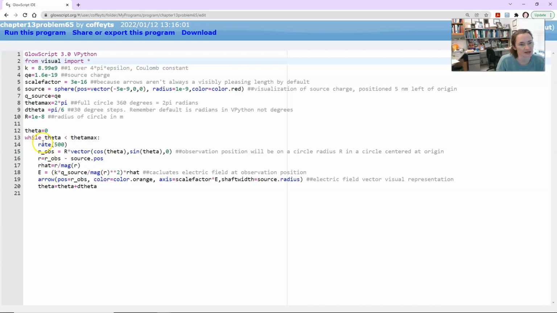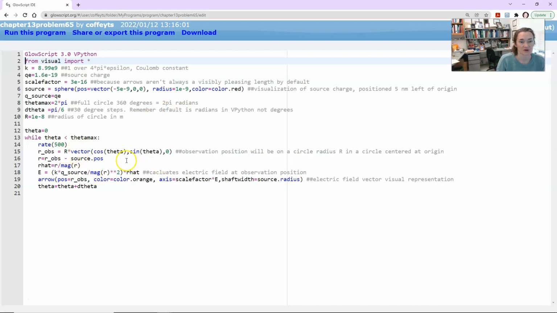And then I say, okay, my observation location, right, is going to be r times the vector of cosine theta, sine theta, and 0. So what I've done is the source charge is 5 nanometers to the left of the origin, but I wanted to see that dependence of the electric field on distance from the source charge, and so I'm going to look in a circle that's offset from my source location, all right?